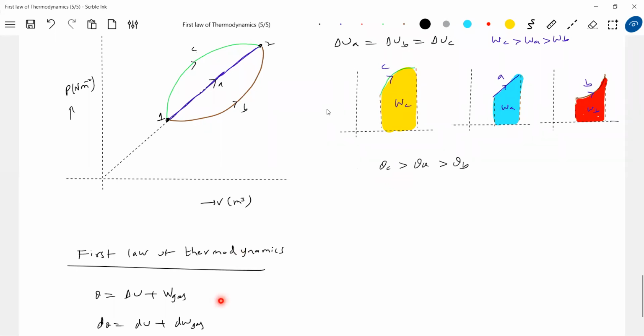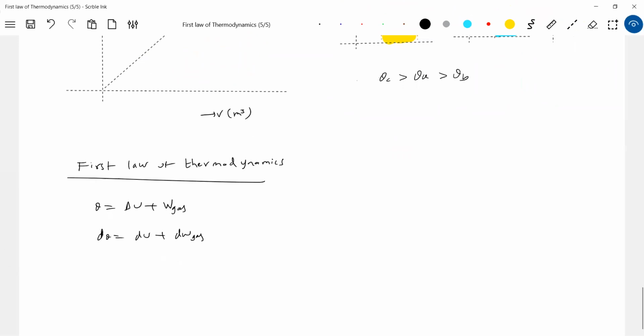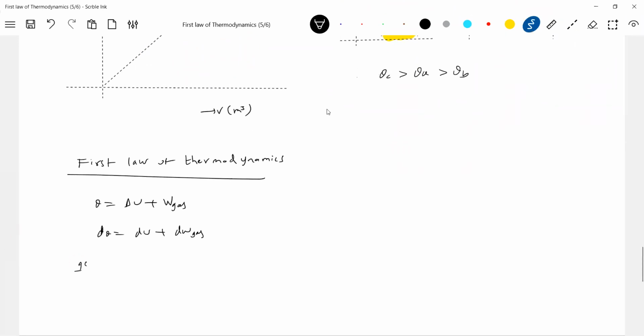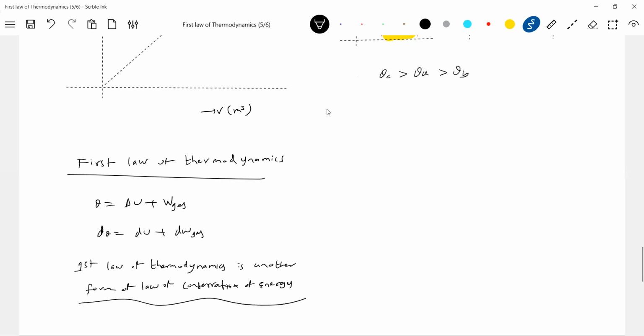Like this, I have just introduced the first law. What is the first law of thermodynamics? Another form of the law of conservation of energy.